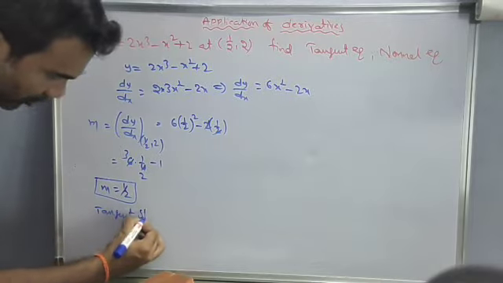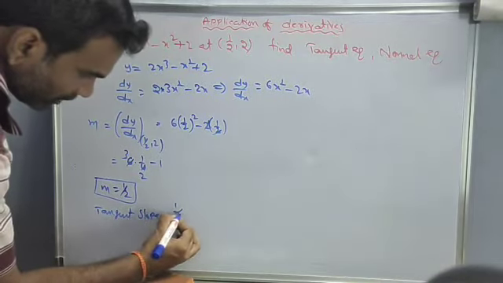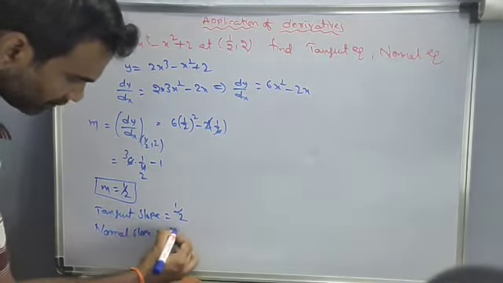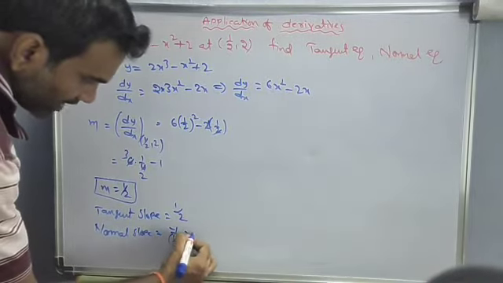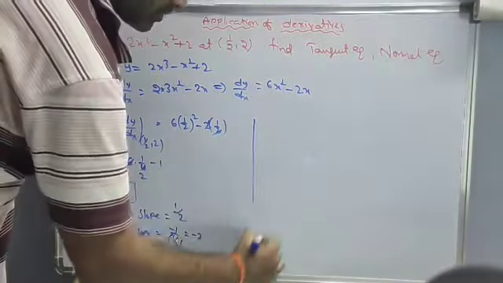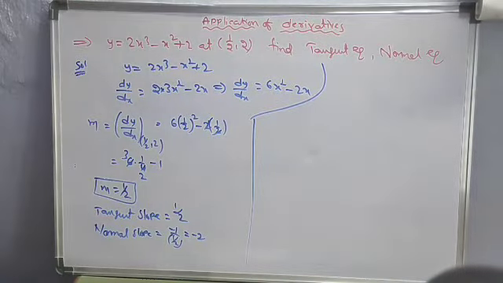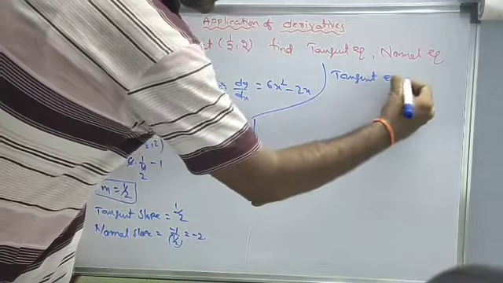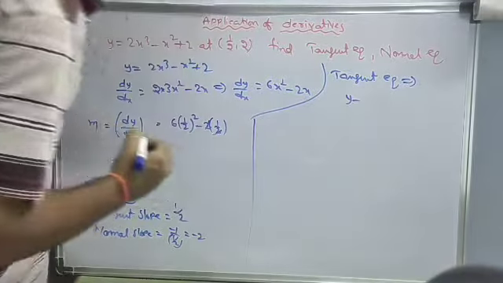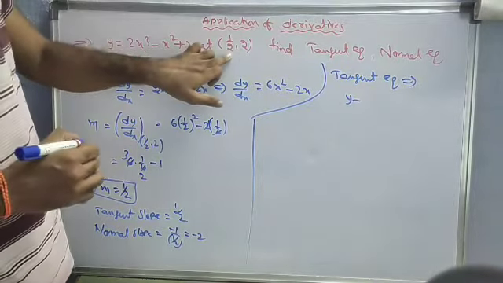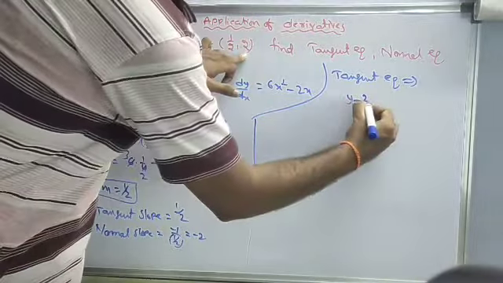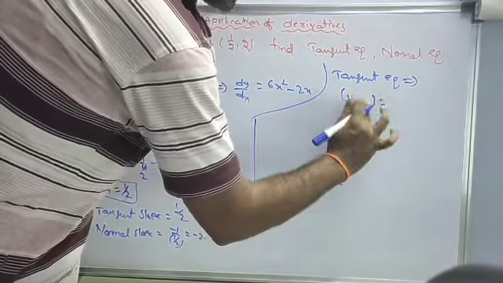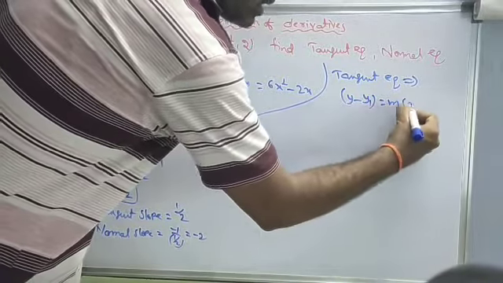The tangent slope is 1/2. The normal slope is minus 1 by 1/2, which equals minus 2. Now we have to find the tangent equation and normal equation. The tangent equation is y minus y1 equals m into x minus x1.